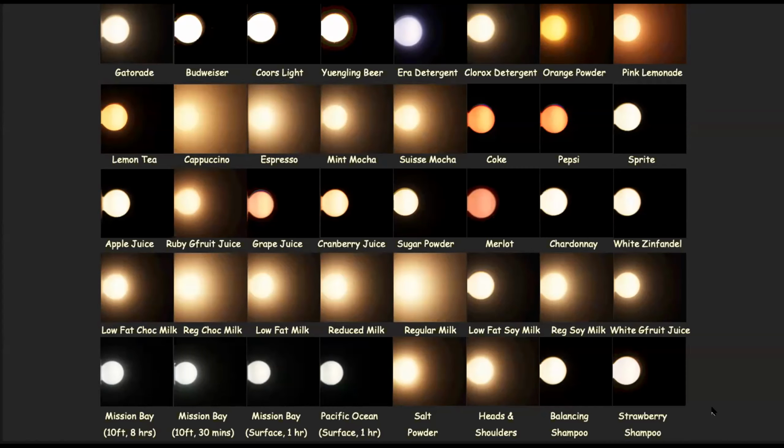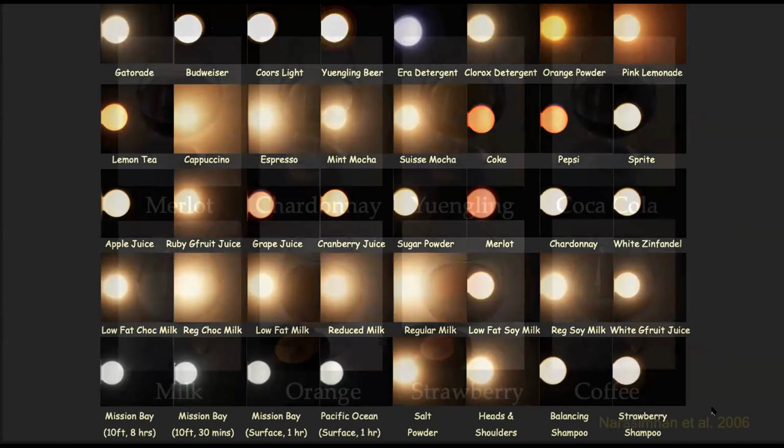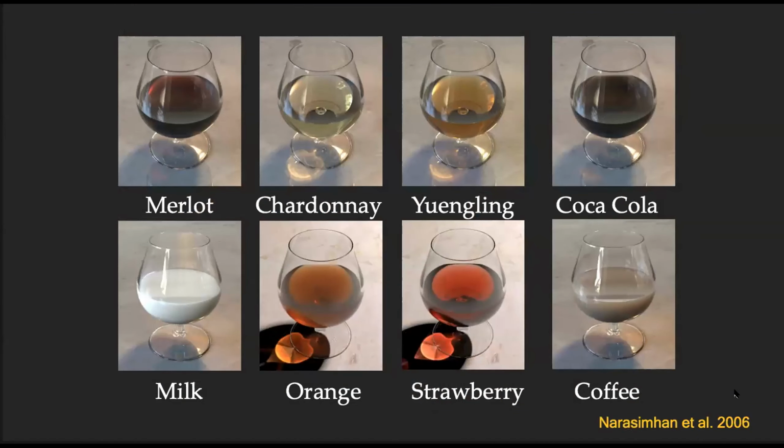So we had a physics-based model, and we were using the image and then estimating the properties in an inverse manner, right? And the nice thing about that is that now in the movie industry, it's very commonly used, they use the parameters that we estimated there to render wine glasses and glasses with Coke and coffee and things like that.